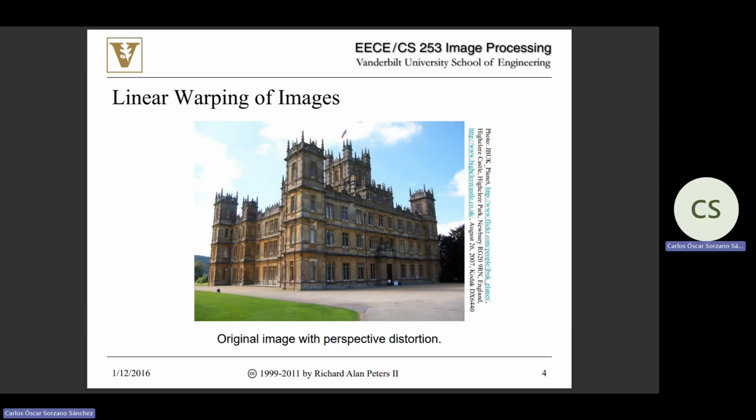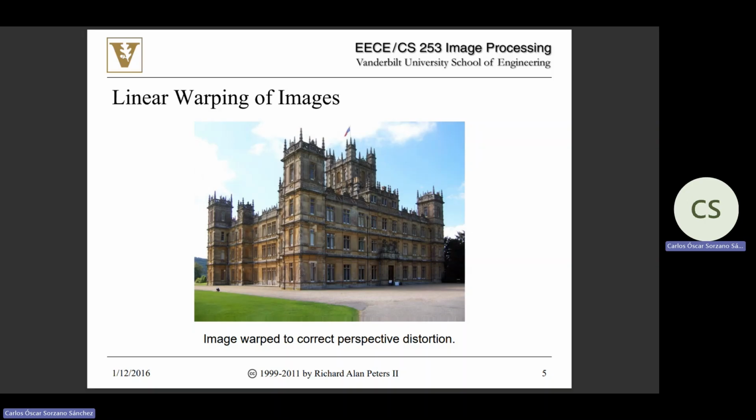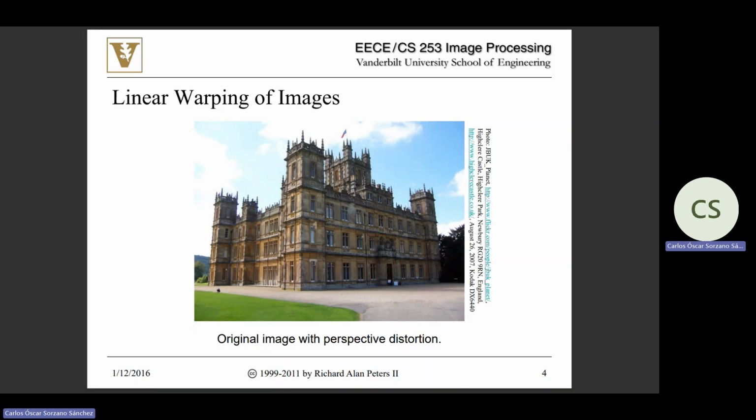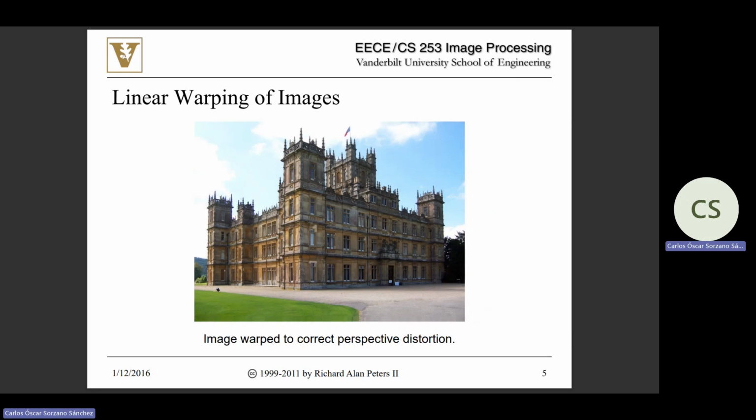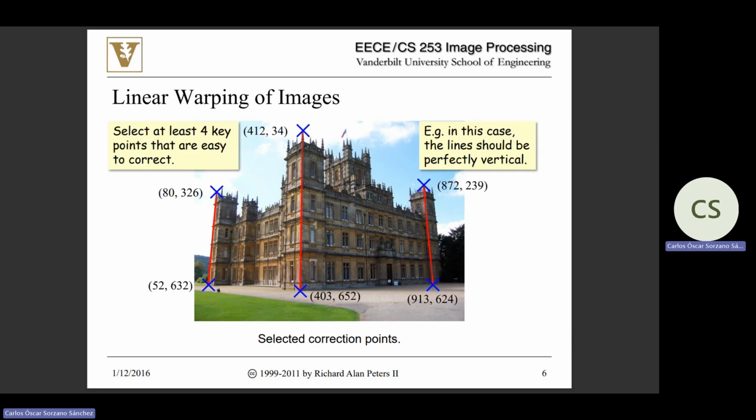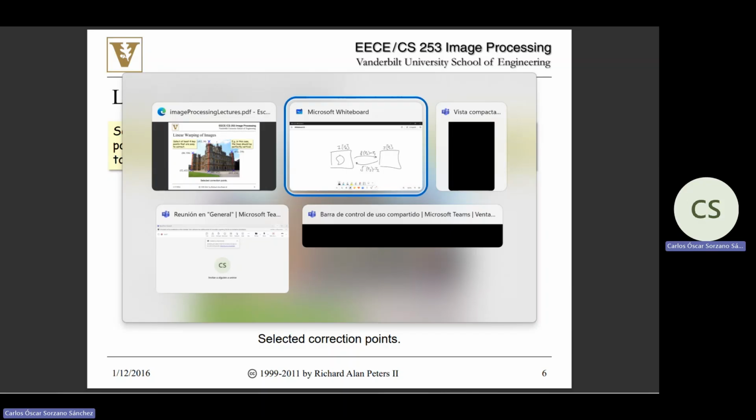So let's give an example. Let's say that you have this castle, and there is some kind of perspective distortion. So these towers are not straight. So let's correct for the perspective. That is what we want to have at the end. So what we will do is you will have to give pairs of coordinates that you want to map through this mapping.